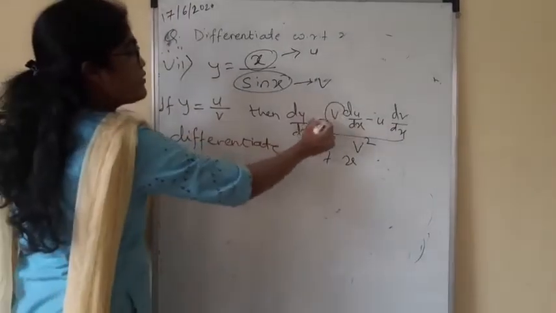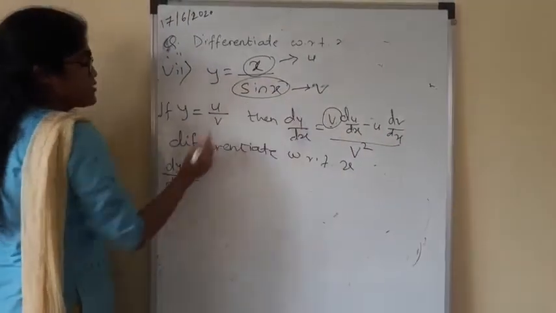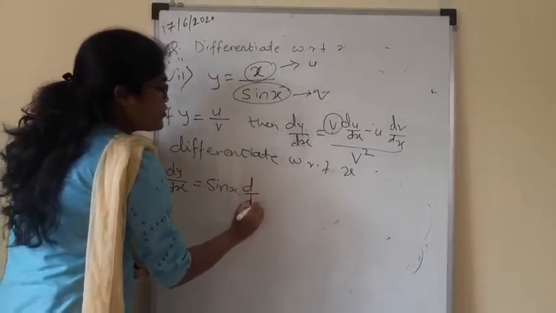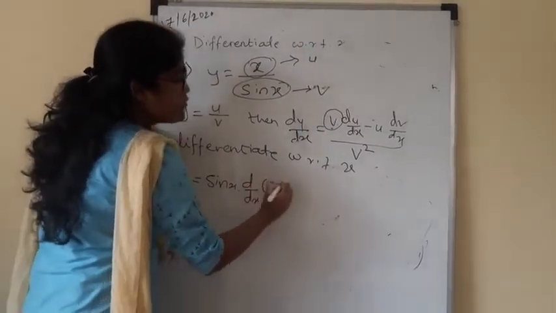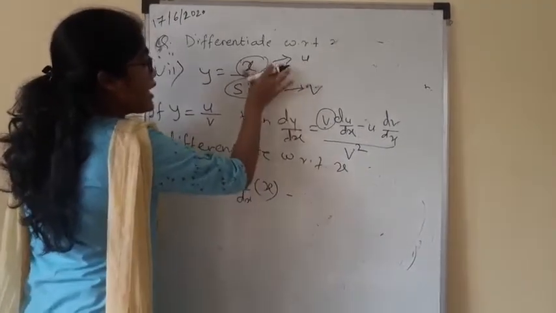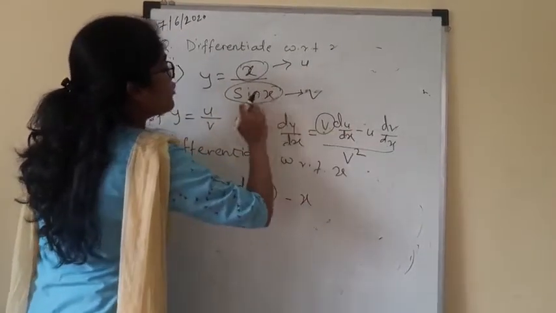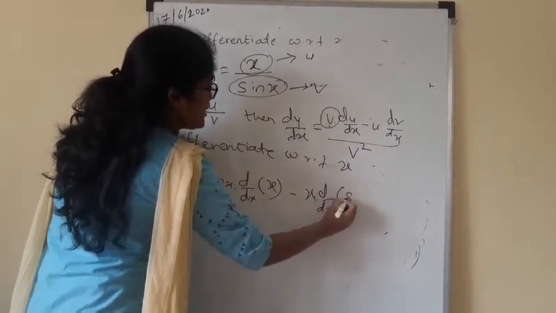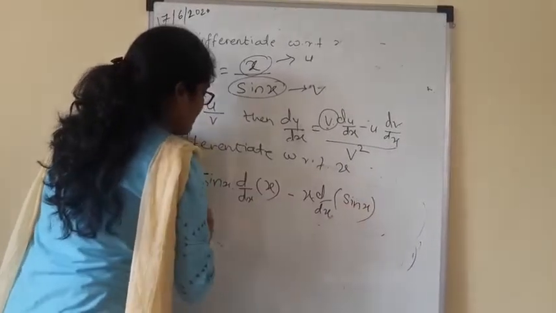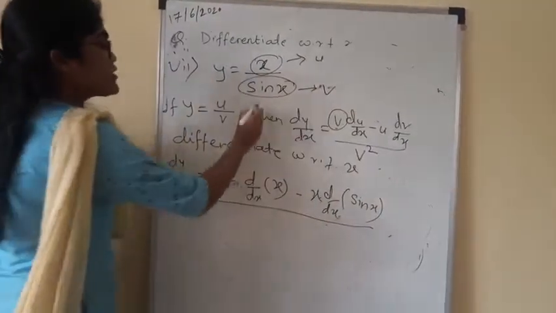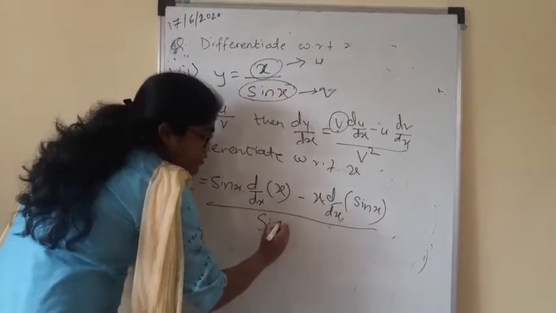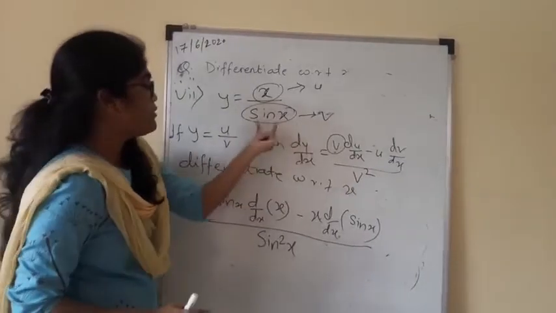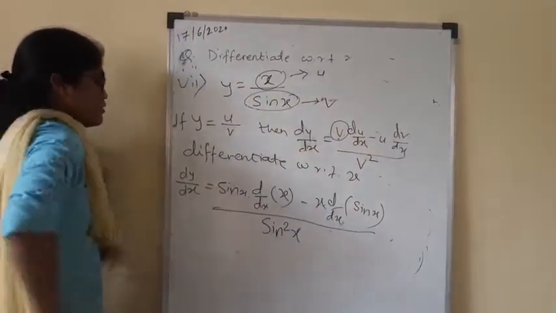We have to keep the v function as it is, so v is sin x here. The derivative of u, that is the derivative of x, minus u as it is, the derivative of v, so d by dx of sin x, divided by v square, that is sin square x.